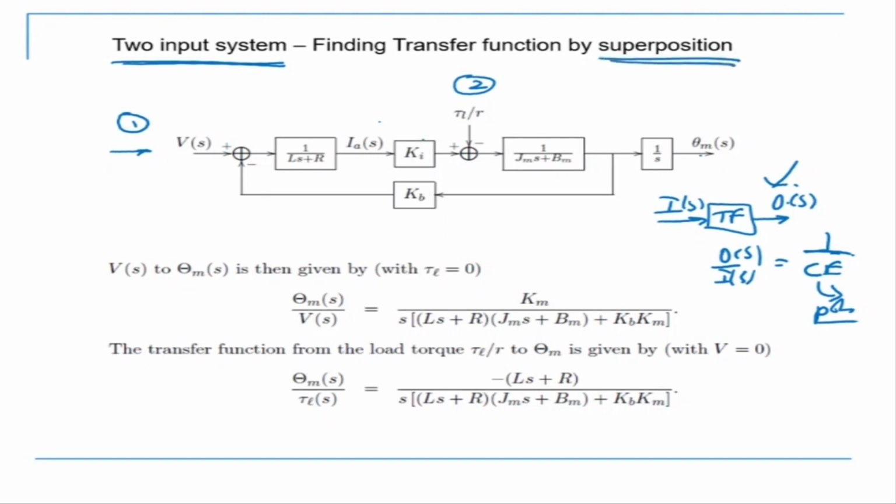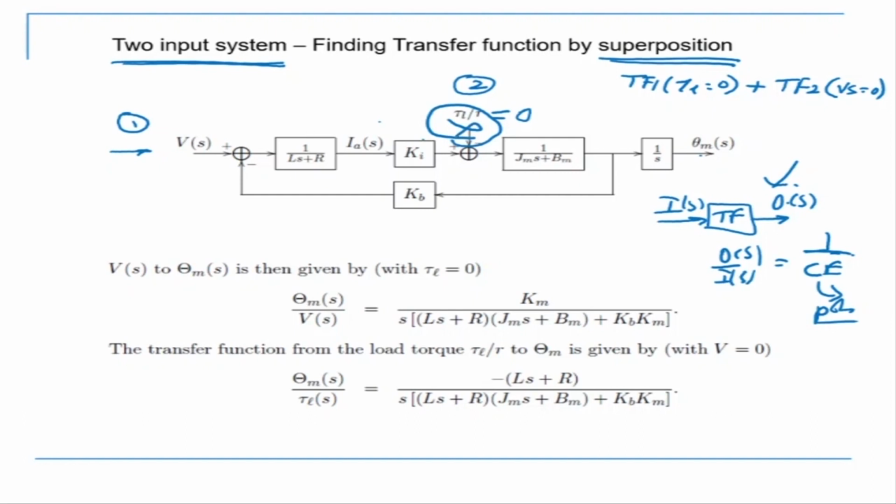Superposition means we find the transfer function assuming that tau L is equal to 0, and add it to the transfer function assuming Vs is equal to 0. In one transfer function we assume this to be equal to 0, so if I put that equal to 0, this part is not there anymore.